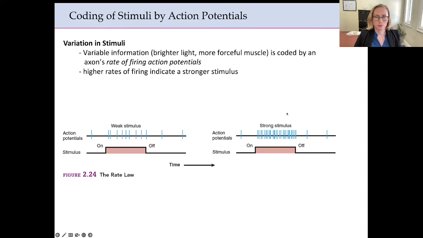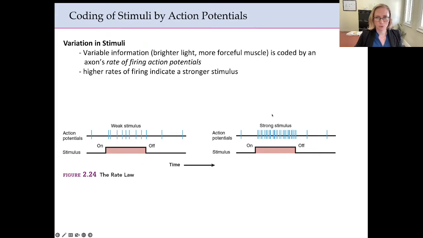Or if you have to lift a pencil, muscles are going to code this through sporadic or intermittent or greater intervals between the action potentials. Whereas if you're bench pressing like 120 pounds or something, your muscles are going to be sending much more frequent action potentials. Okay, so this is called the rate law.